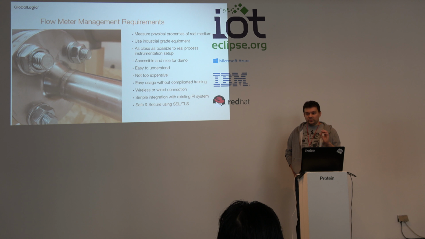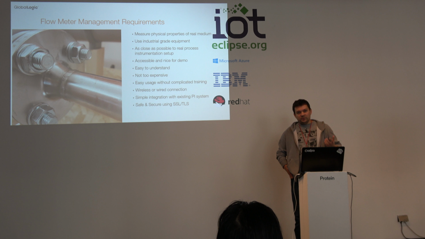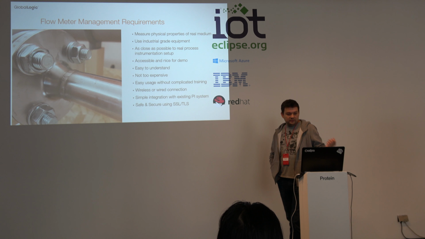We want to be as close as possible to a process instrumentation setup, so our measurement scenario needs to be as close to a real industrial process. Yet it should be easy for the demo, easy to understand, and not too expensive. This is quite a big thing, because most of the time those systems tend to be very expensive. And of course safe and secure. We are using SSL and TLS provided by Mosquitto or Kura or other cloud things.